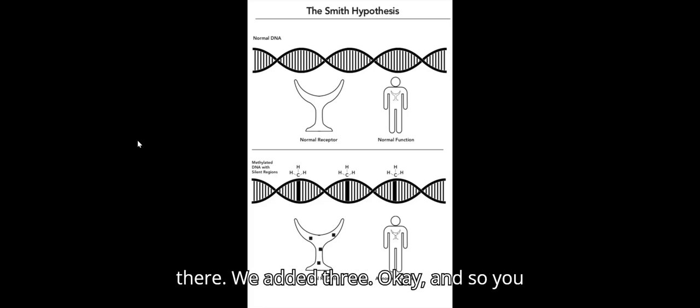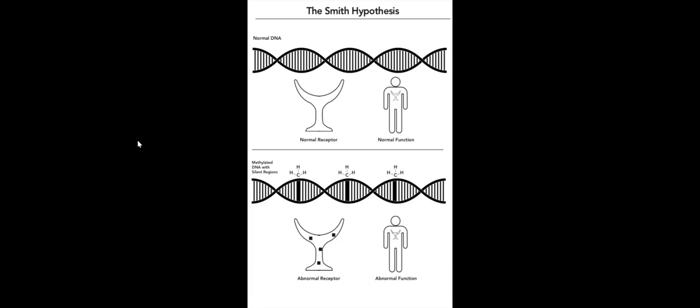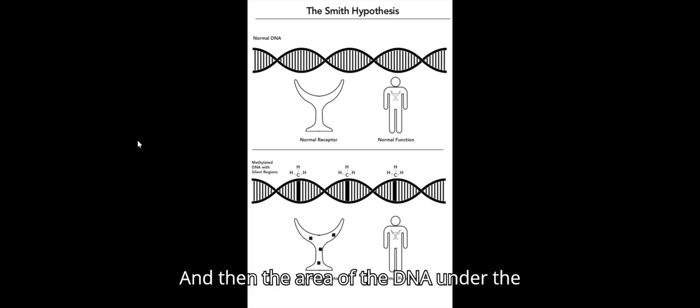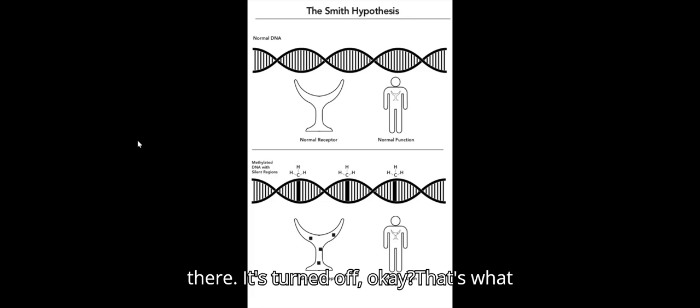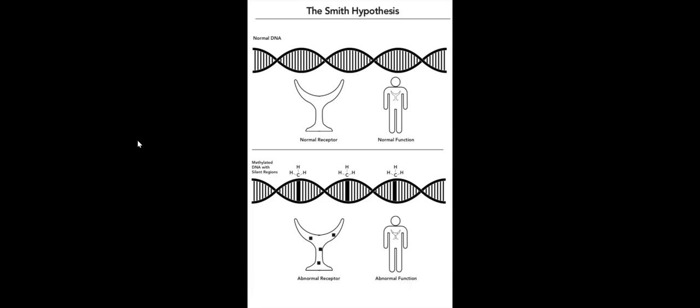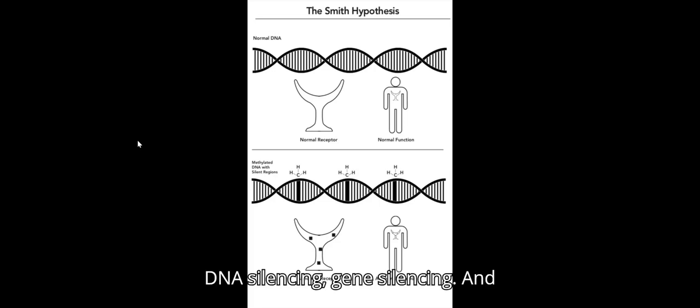There's 3 of them on there. We added 3. Okay, and so you see on top there is no methylation. You see on bottom you see the methylation, and then the area of the DNA under the methylation is blacked out. It's turned off. That's what we're trying to show there. It's turned off. Okay, that's what methylation does. It turns off parts of the DNA, what are called silent regions, DNA silencing, gene silencing.